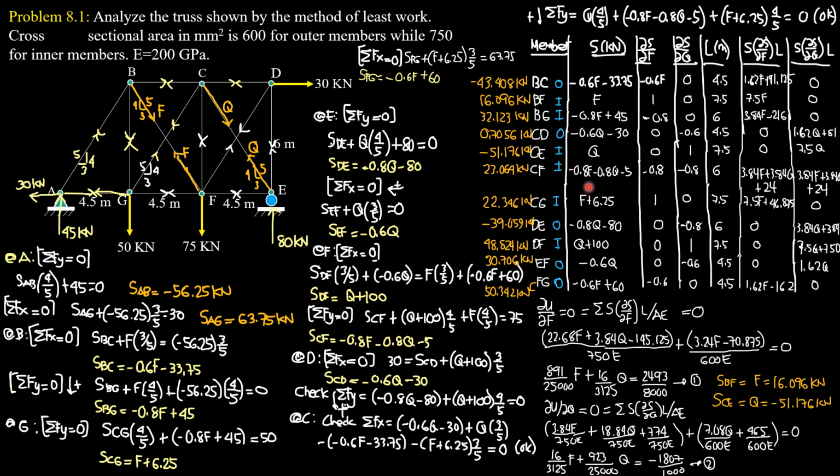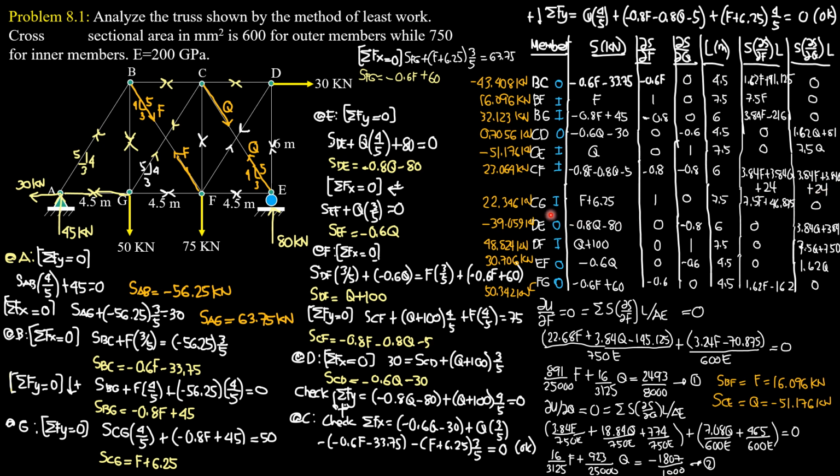Then we have CF, which is negative 0.8F minus 0.8Q minus 5. Partial derivative of S with respect to F, negative 0.8. With respect to Q, negative 0.8. The length is 6. So S, partial of S with respect to F times length is 3.84F plus 3.84Q plus 24. And that is also for S, partial of S with respect to Q times length, 3.84F plus 3.84Q plus 24.